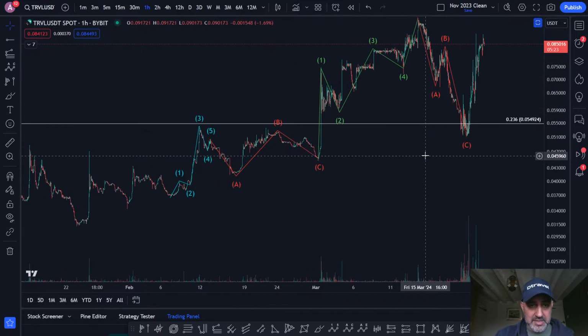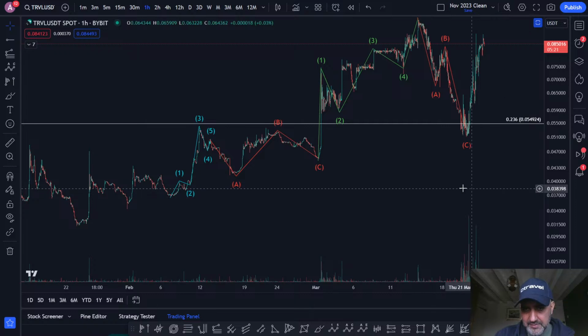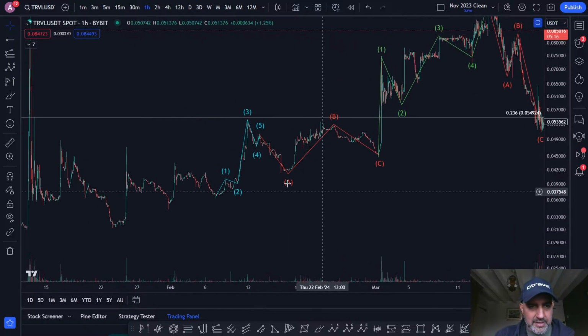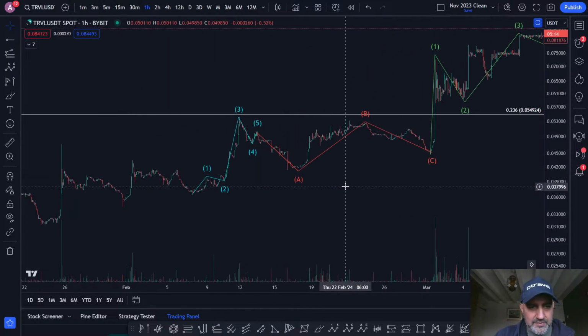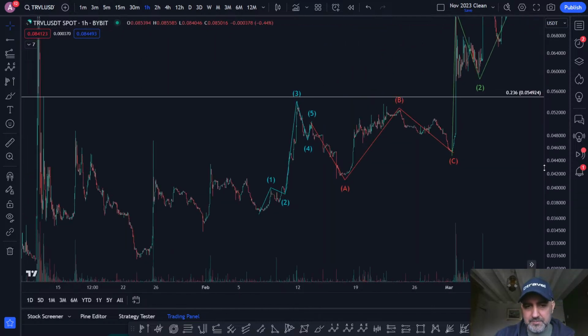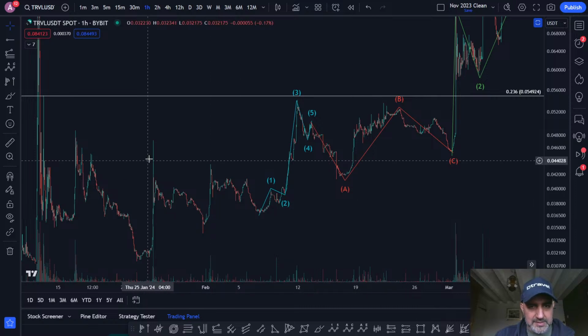It looks correct, potentially, as long as you can see the waves. It's very hard with these small market cap tokens, very illiquid, to see the waves. But would you believe it if I told you they do exist? Okay.